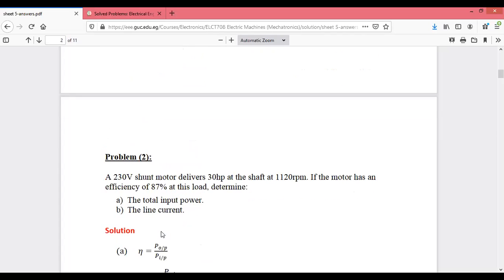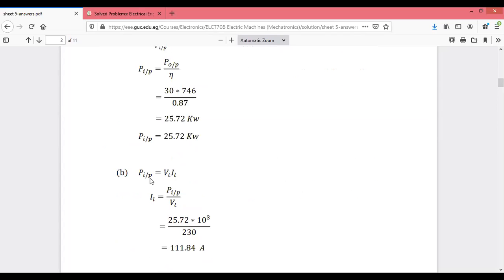Line current. Here we have the value for power and the value for voltage, and we are supposed to find the value for current. We can write power equal to voltage into current, so you can convert that equation in the form of current. You will get power upon voltage.